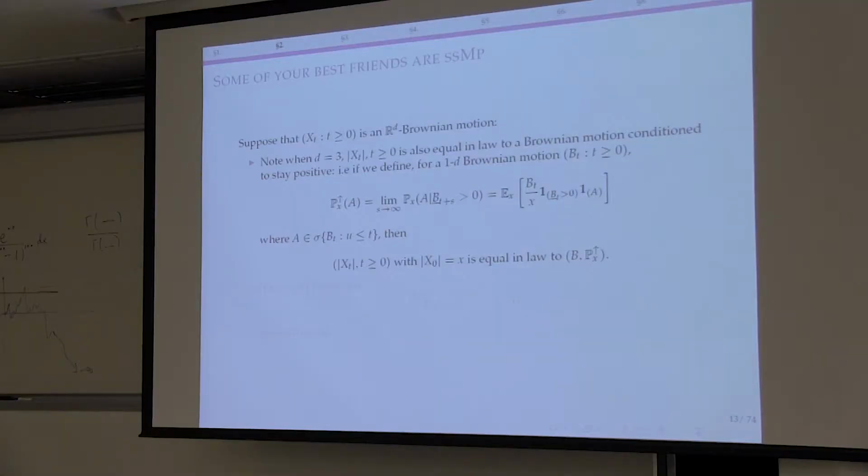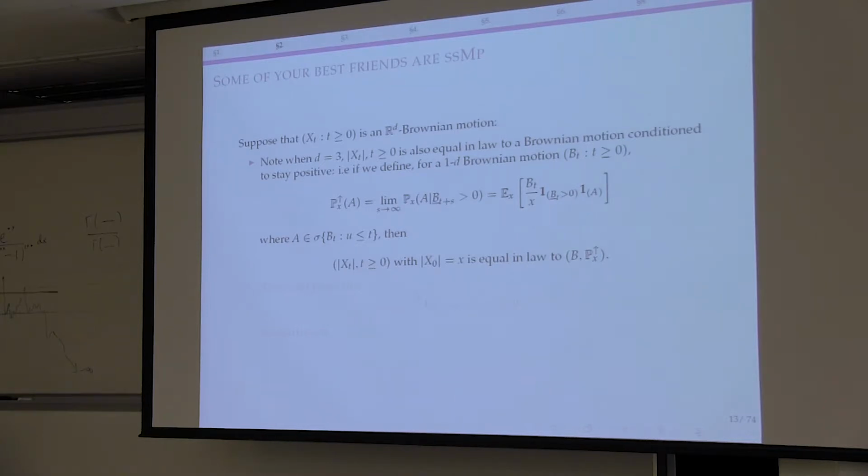Okay, so here's another example where you can dig out a self-similar Markov process. Thinking about the last example, if you go back to the diffusive case, despite the fact I said we're not going to dwell there: if you take a d-dimensional Brownian motion, specifically 3-dimensional, and look at the radial distance from the origin, you know, or you should know, that it's a Bessel process, but it's also equal in law to a 1-dimensional Brownian motion conditioned to stay positive.